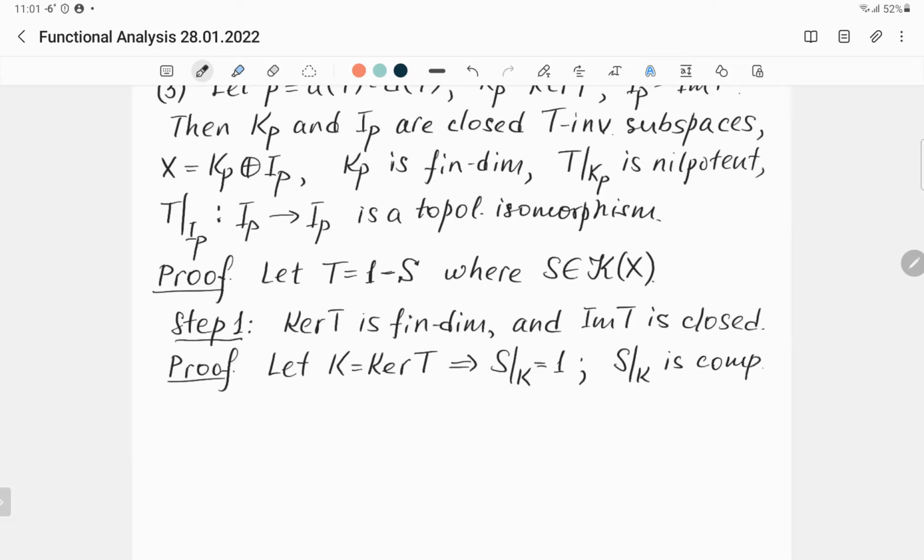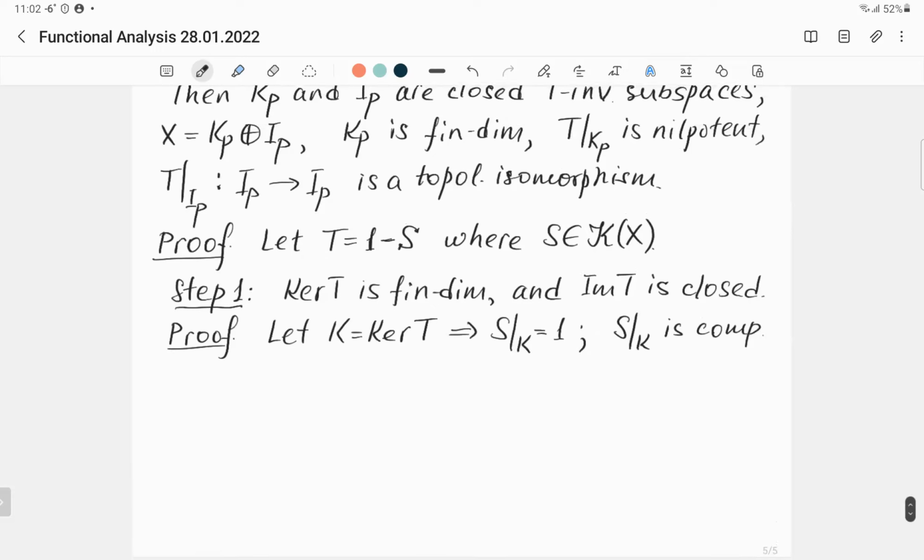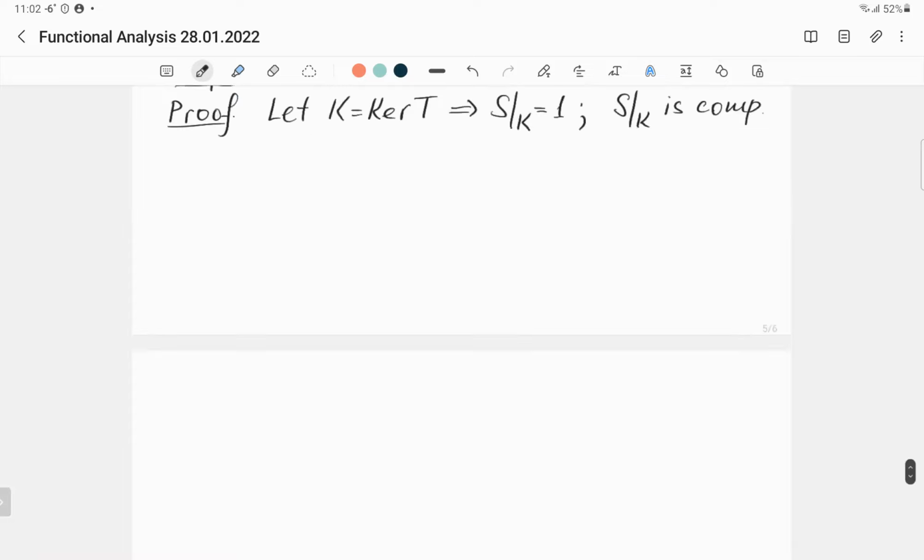And we already know that the identity operator is compact if and only if it acts on a finite dimensional space. So this implies that K is finite dimensional.